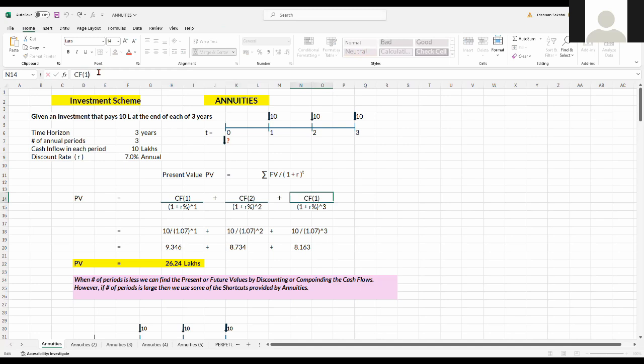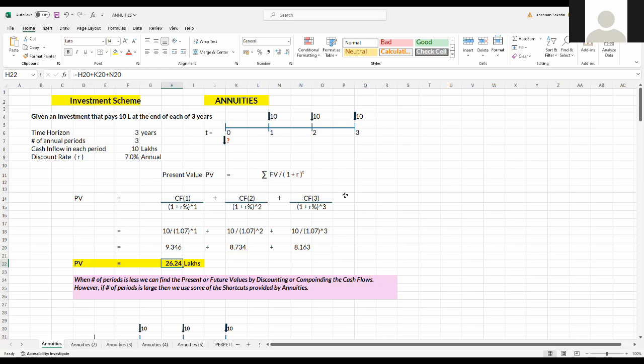Once we find these and take the sum of all these cash flows, it comes to 26.24. How we did this problem is by using the conventional discounted cash flow formula, and we get a PV, present value, of 26.24.